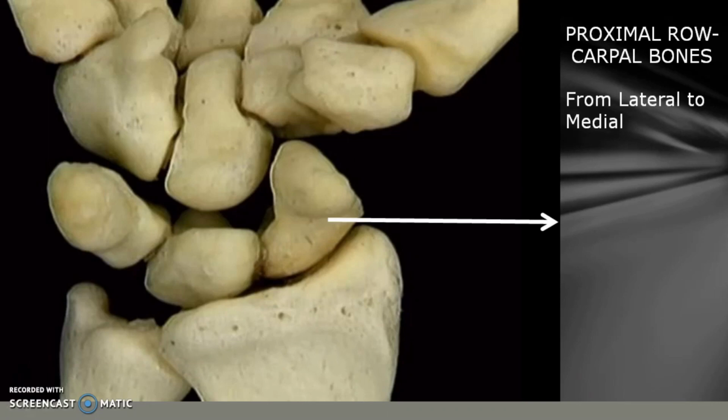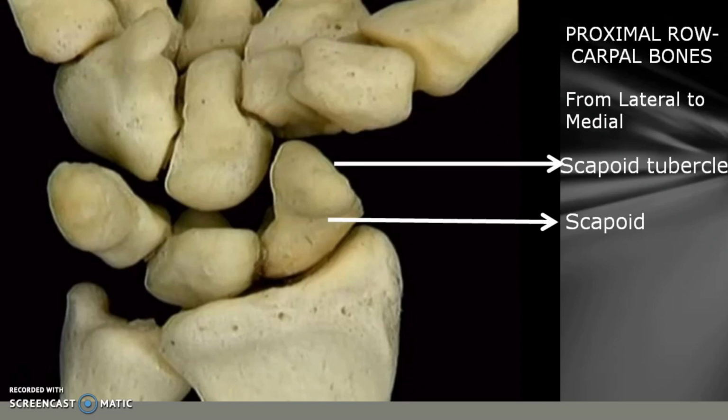The proximal row bones we are going to see from the lateral to medial aspect. From lateral to medial aspect, the first bone you are seeing is the scaphoid bone, and then we will be having the lunate. But before that, you can see a tubercle just above the scaphoid bone. You can make out a prominent area, and that prominent area is called the scaphoid tubercle.